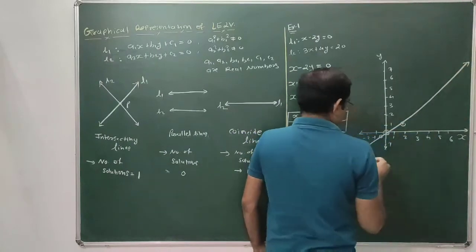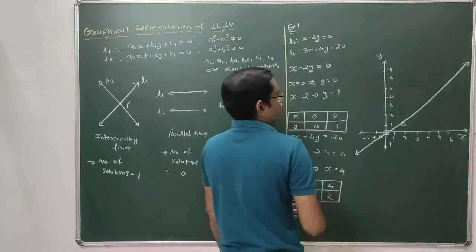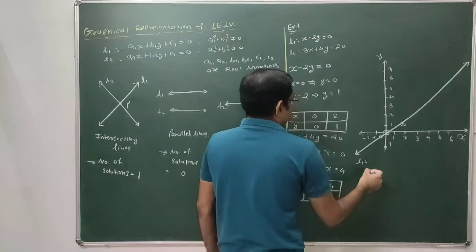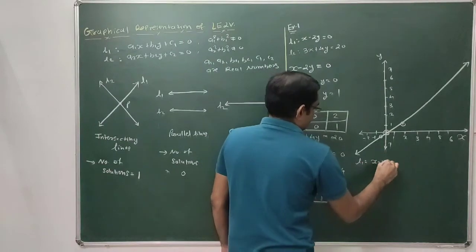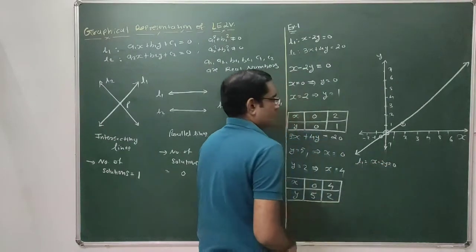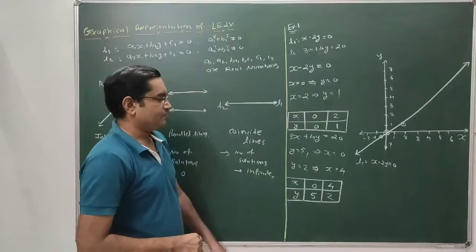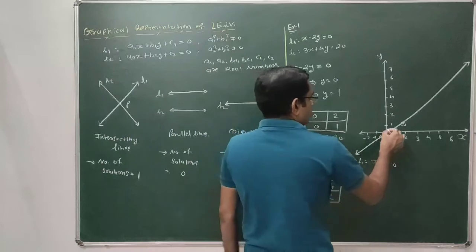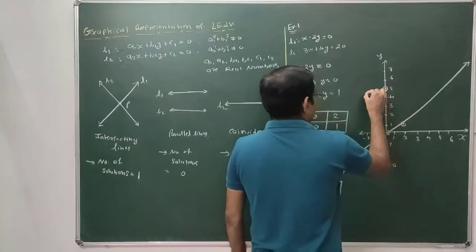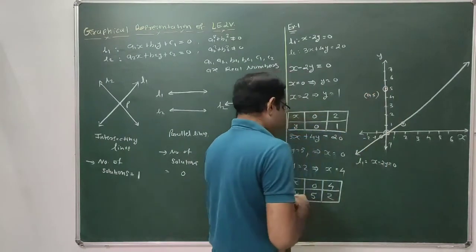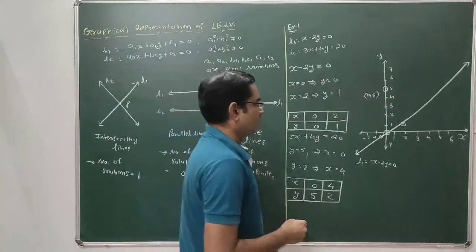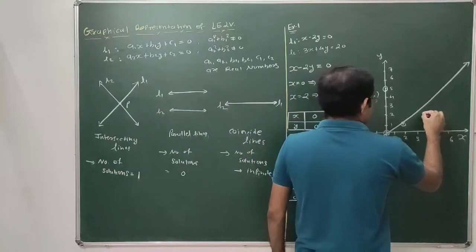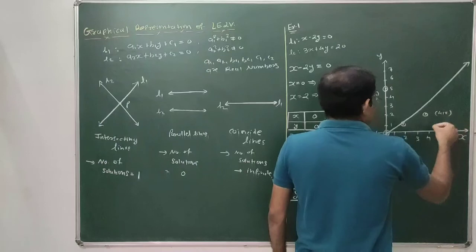So we get the graph of the first equation, which is line L1, x minus 2y equal to 0. This is the graph of the first line. For the second line, the coordinates are x 0, y 5, this point 0, 5, and x 4, y 2.